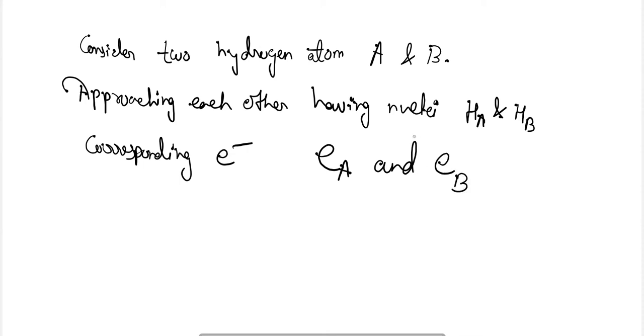When the two atoms are at a large distance from each other, no interaction between them takes place. When both atoms are very far away from each other, no attraction between them will be seen.